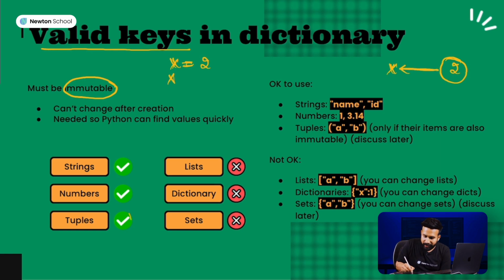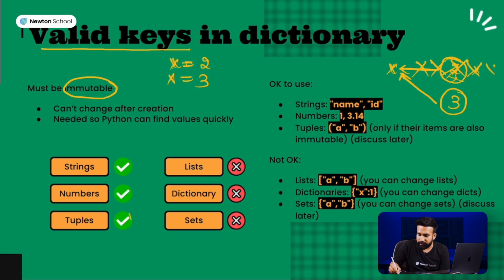Now, when I say x equals 3, do you think that this 2 will get replaced by 3? No, that does not happen in Python. What happens here is that another int object will be created having value 3, and this will start pointing to x, and this linkage will get deleted.